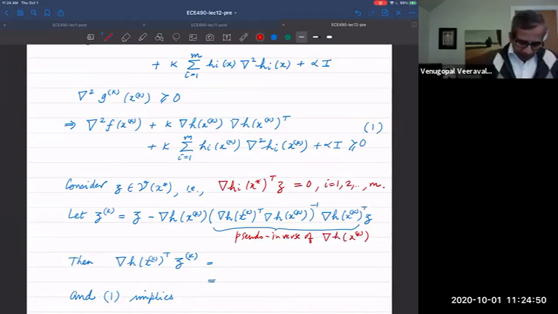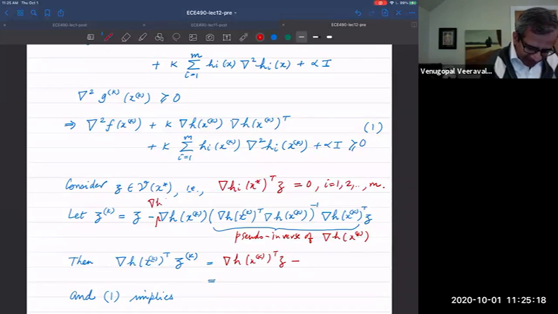Now, why is this inner product going to equal 0? Let's just multiply it out. If I take the inner product of this with z_k, I'll get the inner product of that with z, minus, when I plug in gradient of h of x_k transpose, I get this matrix times this matrix, which is its inverse.